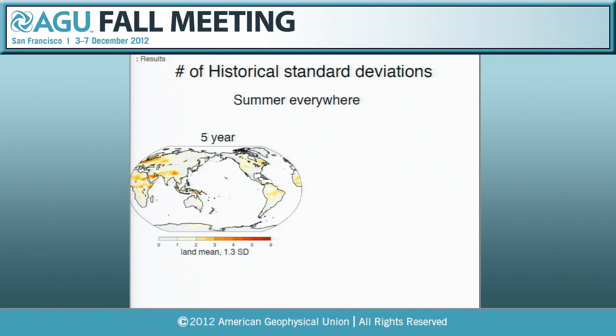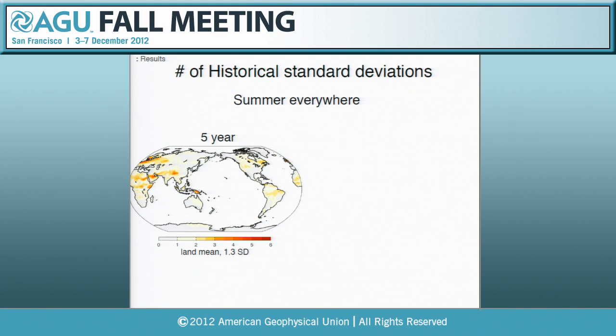Okay, so here's what you get. Now the units are standard deviations. Basically, the colors that you can see, probably from where you're sitting, are all above 2 standard deviations from historical trends.